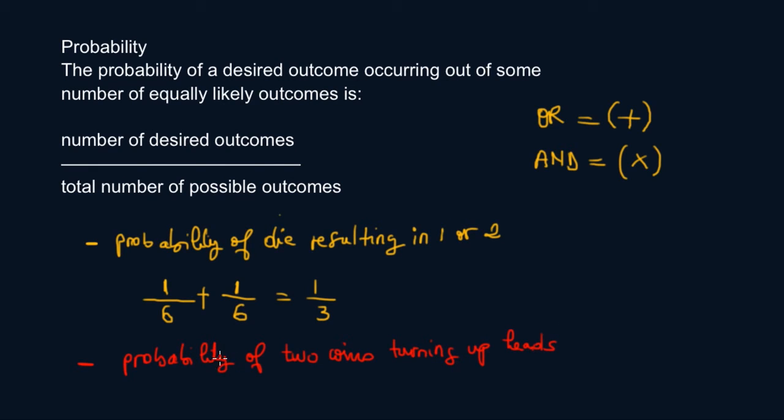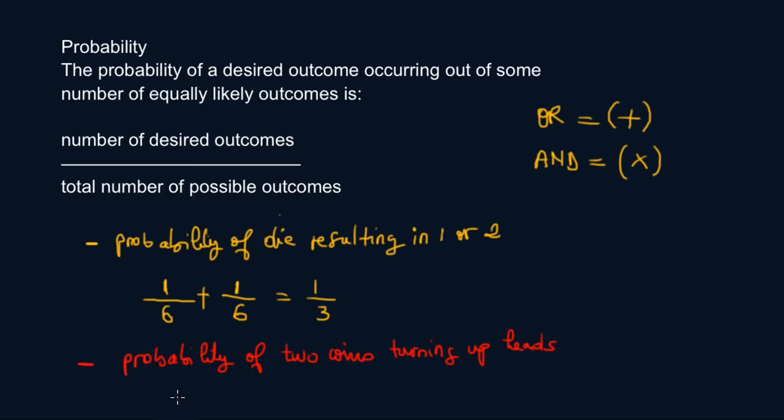So first of all, this is an AND function, because you need the probability of both of them turning up head, so one has to turn head and the other one also has to turn head. So remember, AND is a multiplication. What's the probability of one coin turning up head?